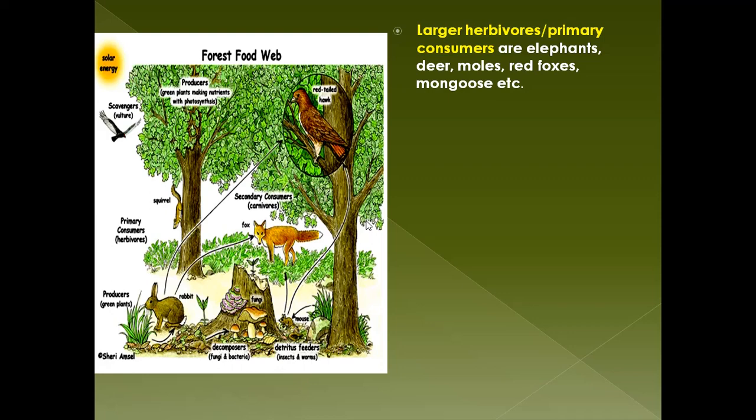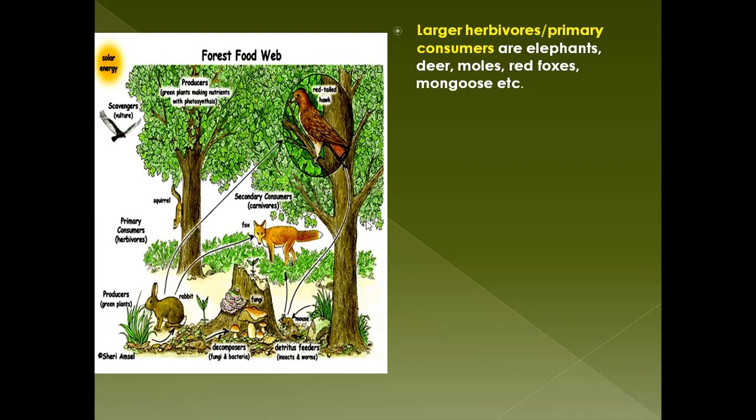So the fox is here at the secondary consumer level or primary carnivore level, and likewise the rabbit is also prey for the red-tailed hawk, and these hawks feed upon the rabbits, and even the small rodents are food for the fox as well as the red-tailed hawk.